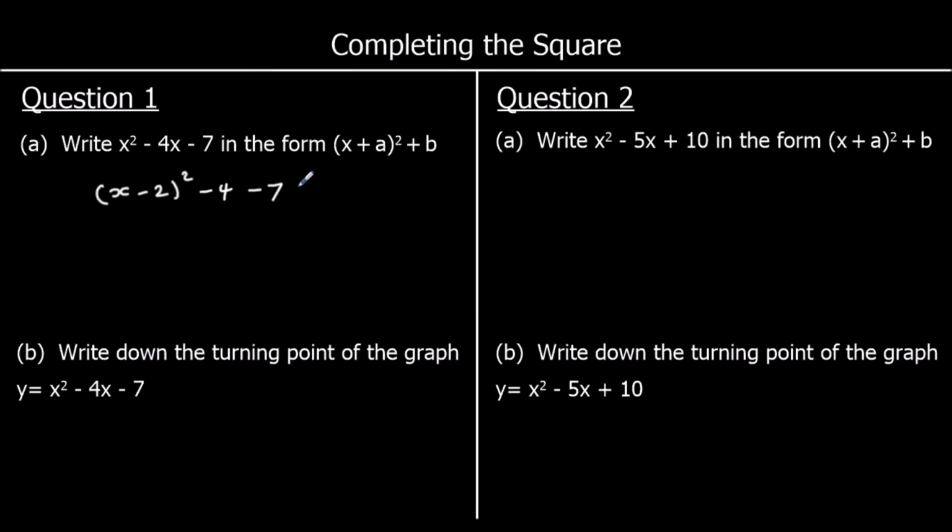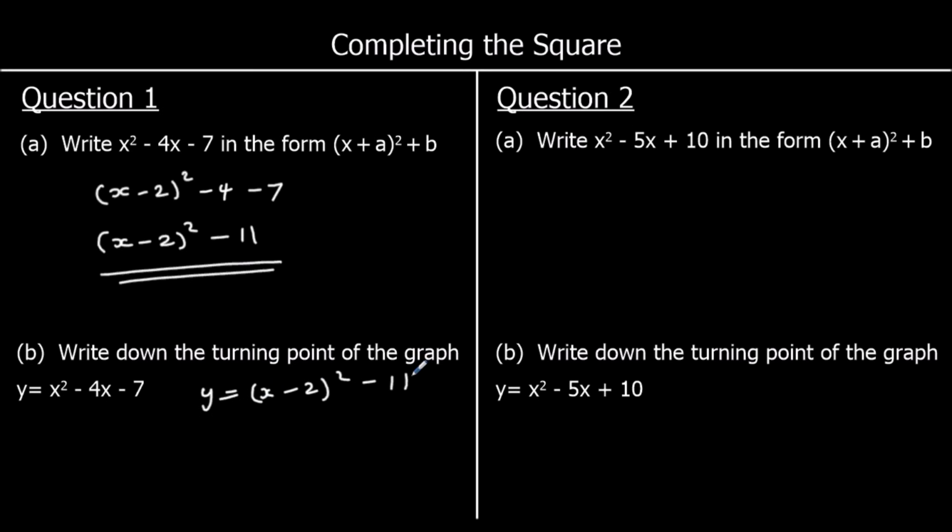And then we simplify, so that's (x minus 2) squared minus 11. Write down the turning point, so y will be equal to (x minus 2) squared minus 11. What makes the bracket 0? What does x have to be for the bracket to be 0? That's 2. And if the bracket's worth 0, what's y? Minus 11.